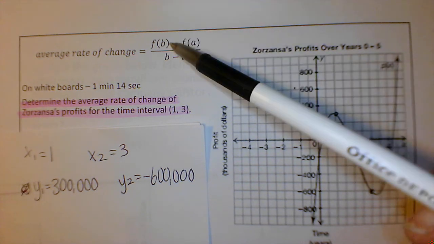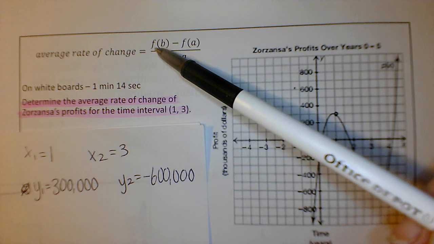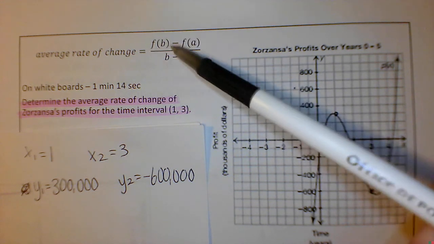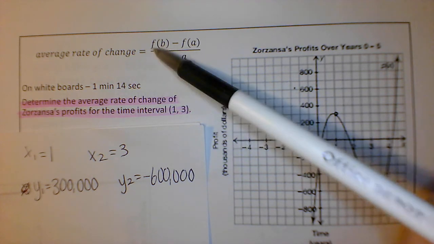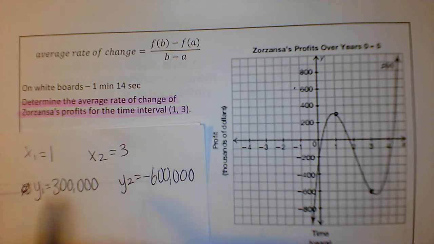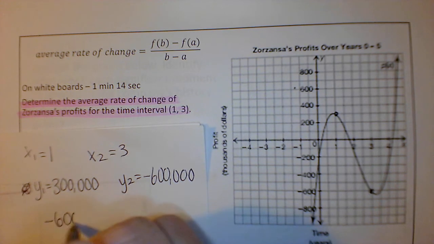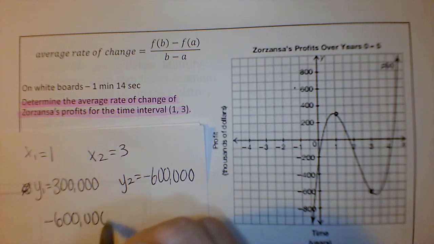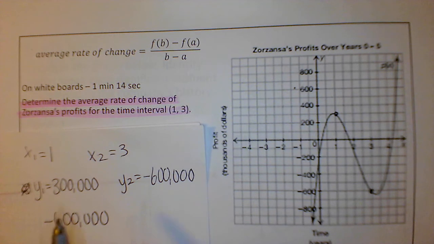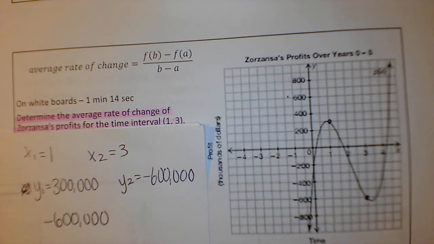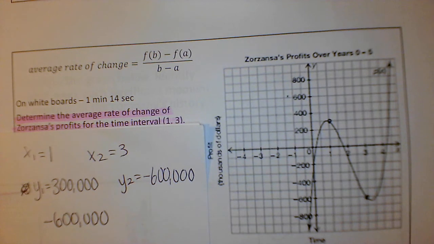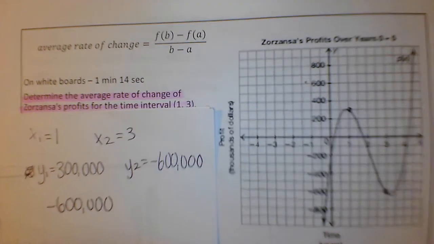One of my y values, and it doesn't matter which one, as long as the first x value I use matches that one. So if I use negative 600,000 as my first y value, then I better use that same x value.